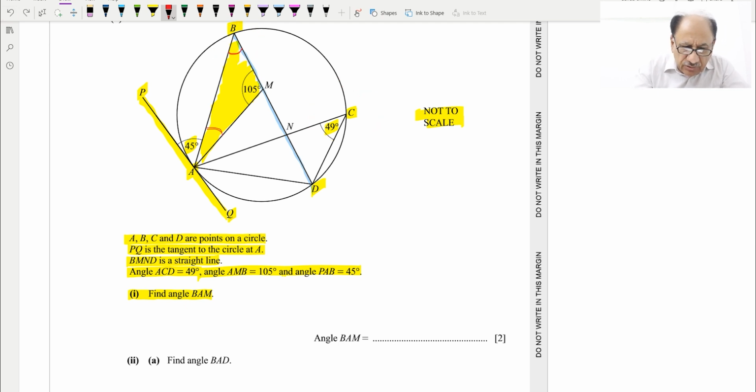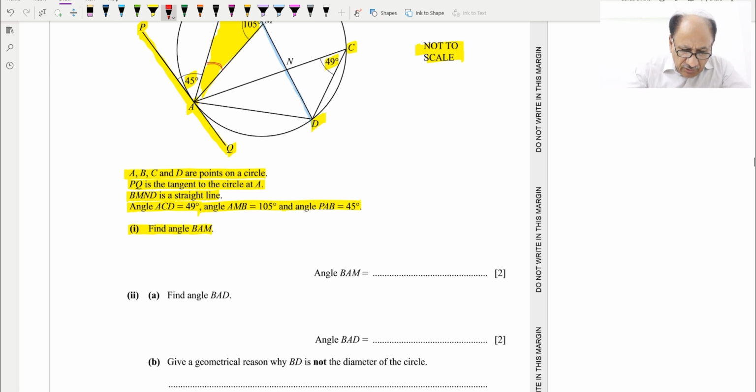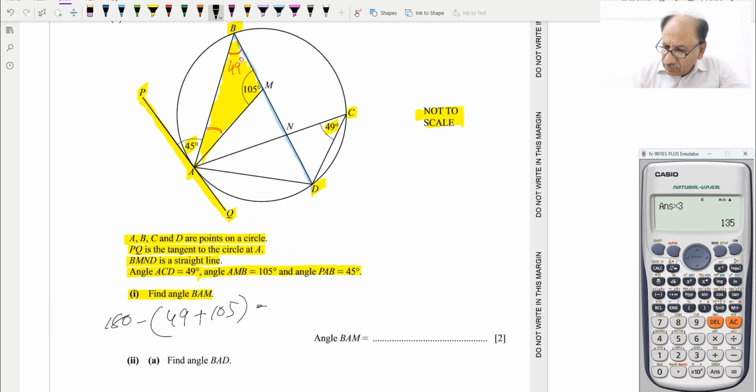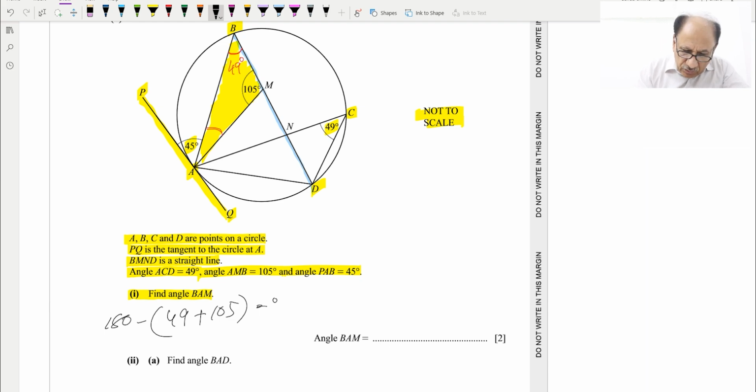Hopefully you understood this. So I'm writing here 49 degrees. So remaining will be 180 minus that angle. So 180 minus 49 plus 105, and this will give us 26. So 26 degrees is our answer for this 2 marks part.